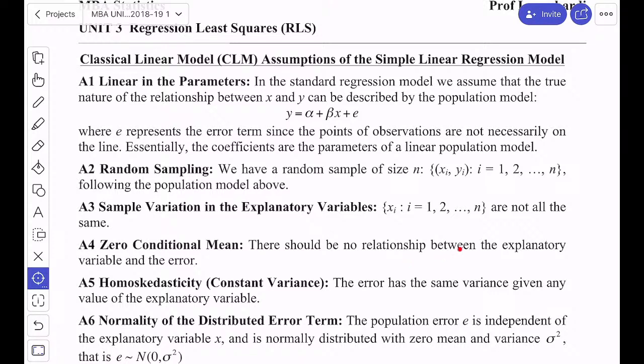This is a really big one. If there's a relationship between them, what is it saying? It means that the explanatory variable or variables that you're using are correlated with something that you're not using. And this can bias your results.